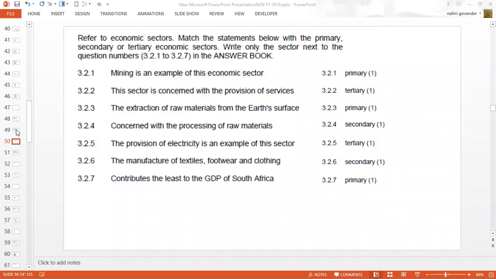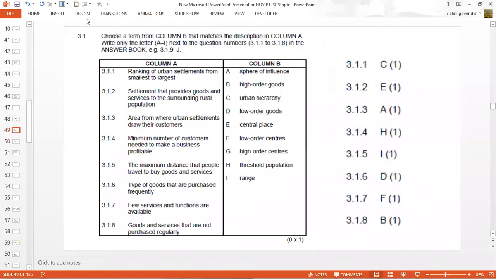Just to get back very quickly to our question 3.1, important concepts. Sphere of influence, the area that is served by a central place. I think in class we spoke about the influence that you have over people. You also have a sphere of influence, so the area over which you have an influence.